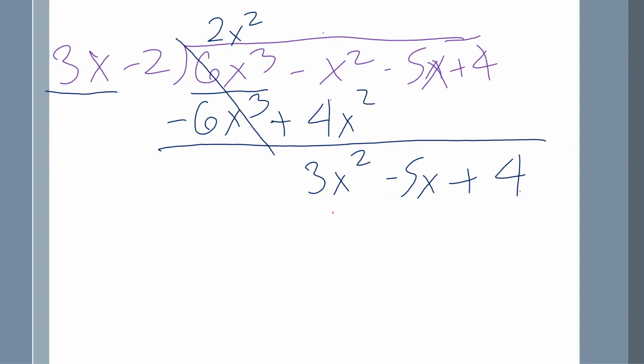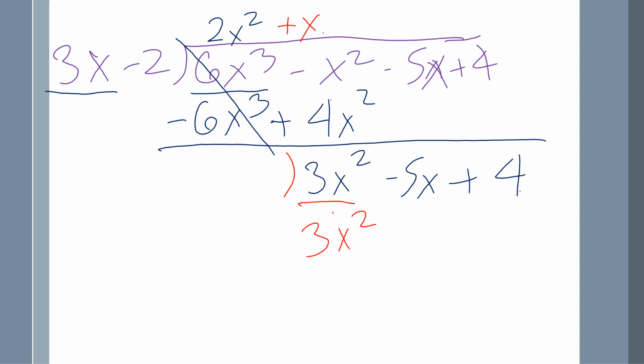All right, let's try this again. So divide this: 3x squared divided by 3x. That's going to just be x. 3 times x, 3x squared.